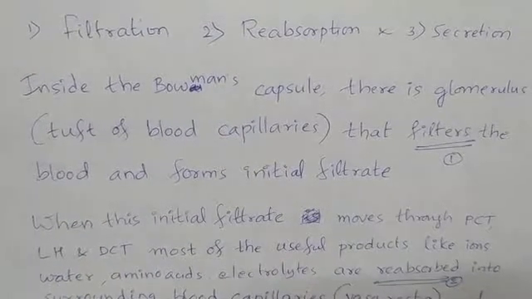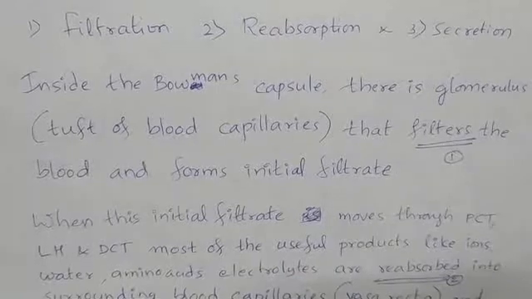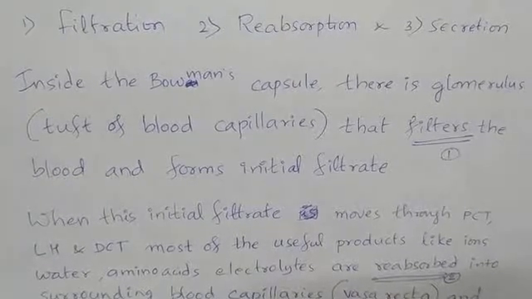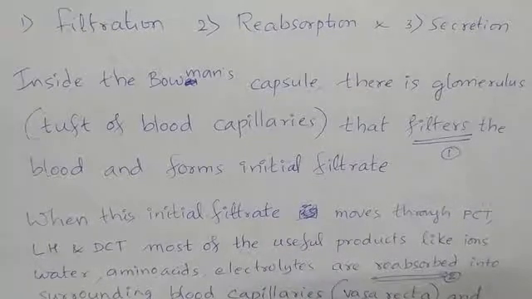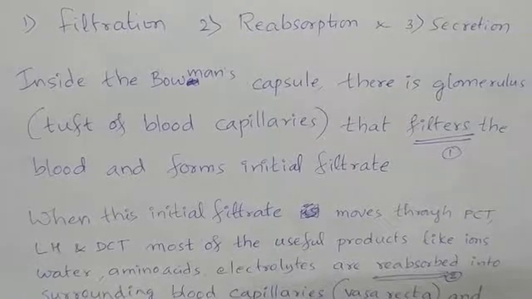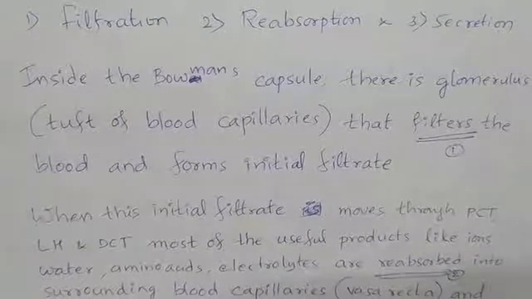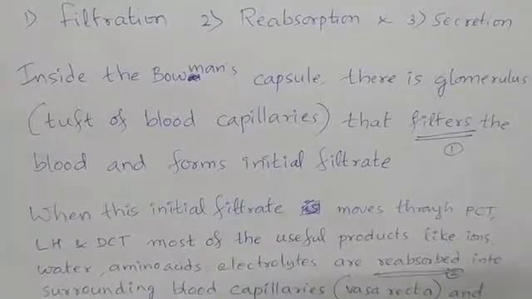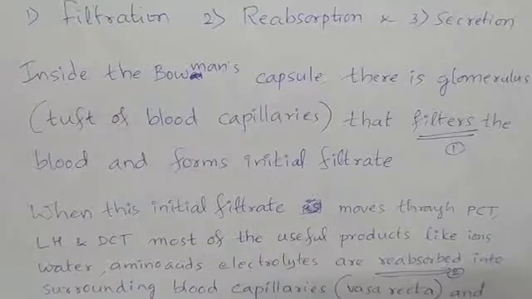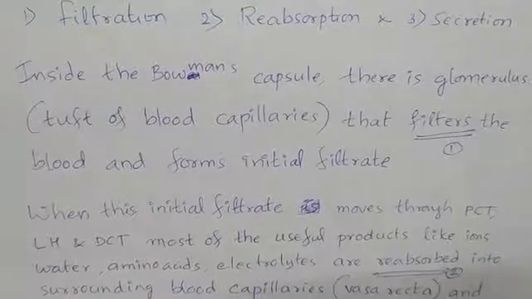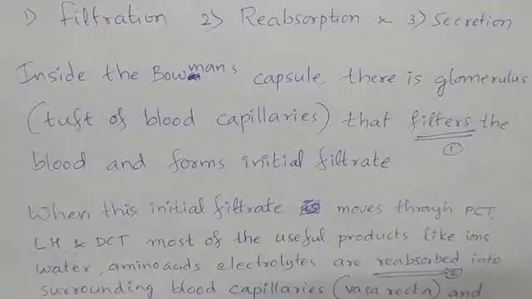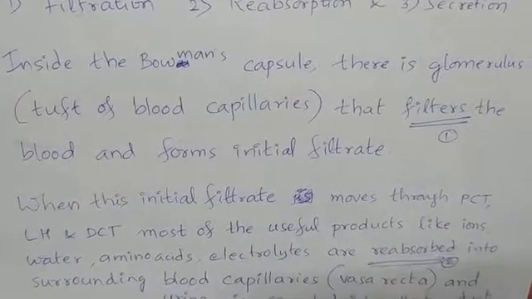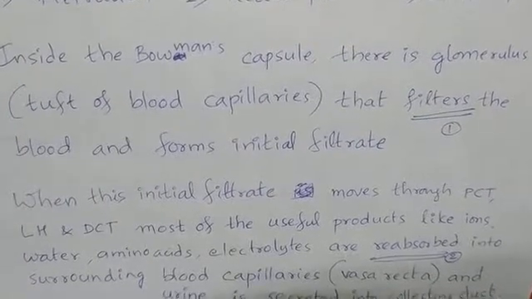Covering this nephron, there are many blood capillaries, known as vasa recta. So most of the useful substances from the initial filtrate are reabsorbed into the vasa recta when the initial filtrate is moving through which areas? PCT, proximal convoluted tubule, LH, loop of Henle, and DCT, distal convoluted tubule. And urine is secreted finally into the collecting duct.